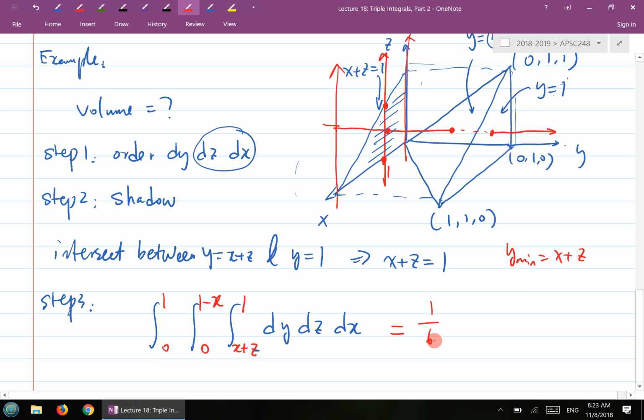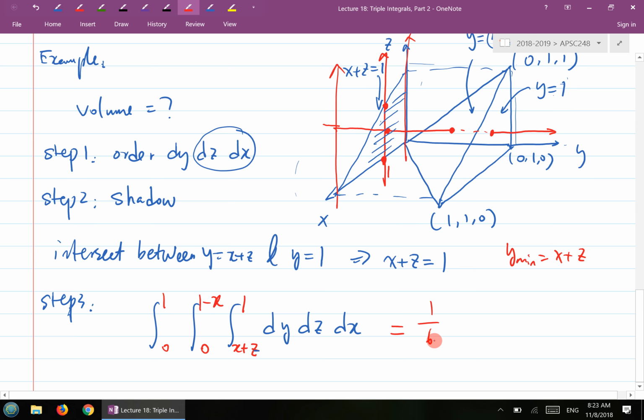1/6, same thing, right? Okay, so that's the procedure for Cartesian coordinates, finding the limits. It's not about integral technique right here. The focus is on finding the limits. Any questions? Yes.